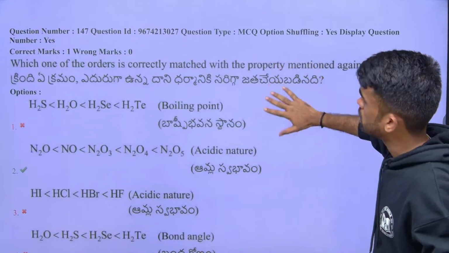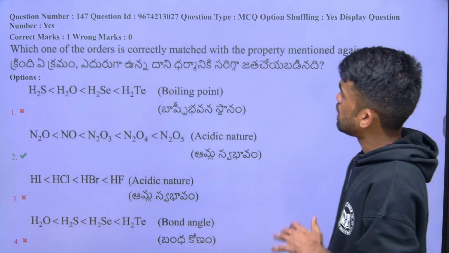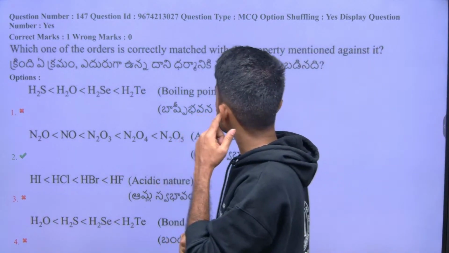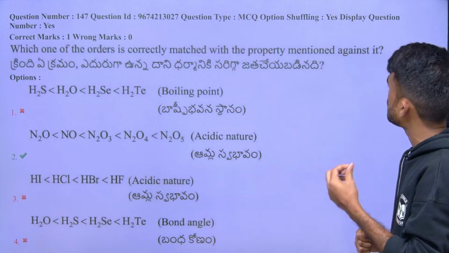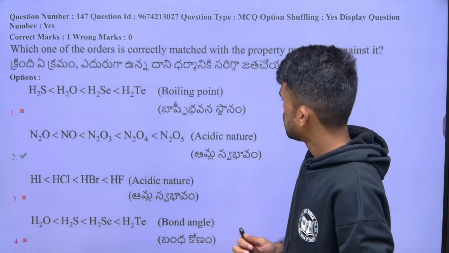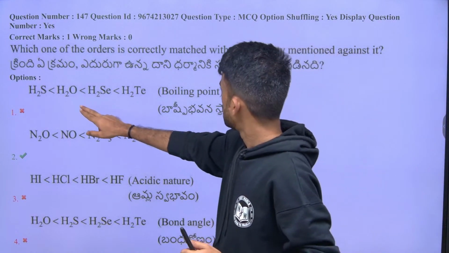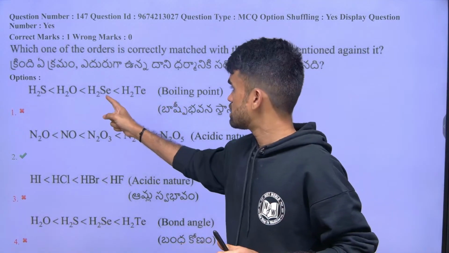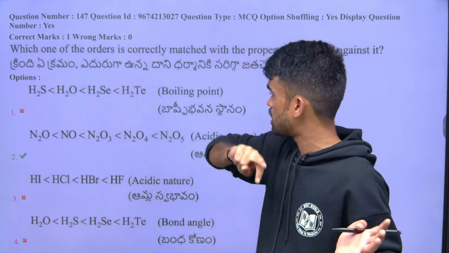147. Which one of the following orders is correctly matched with the property mentioned against it? See here, boiling point. We have seen the same question in some other paper also.